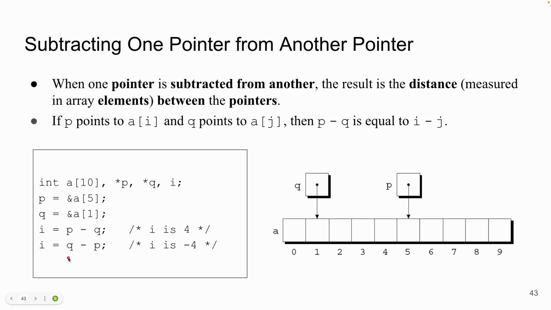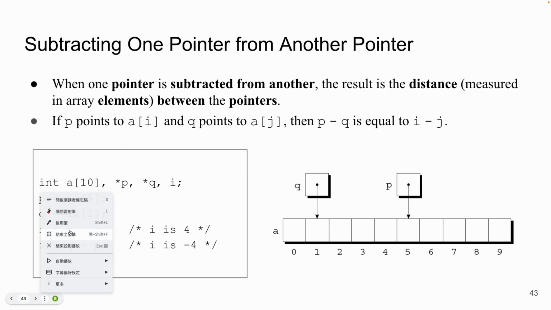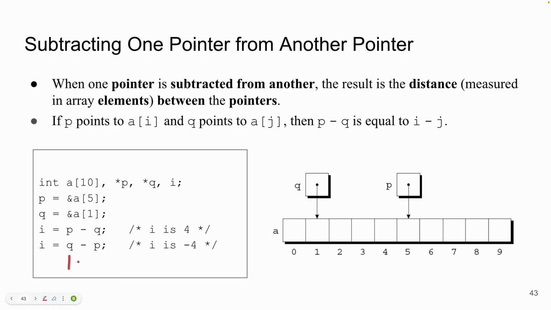And I also can switch the order of Q and P. If I subtract P from Q, that is, I subtract 5 from 1. So 1 minus 5 is minus 4, right? And this one will be 5 minus 1, so it will be 4. And this is negative 4.